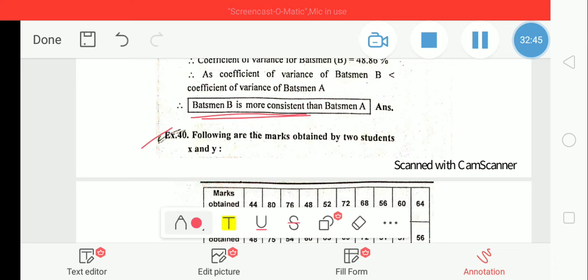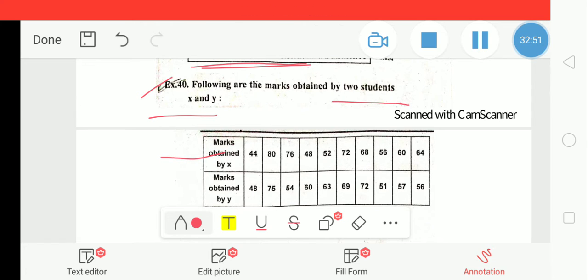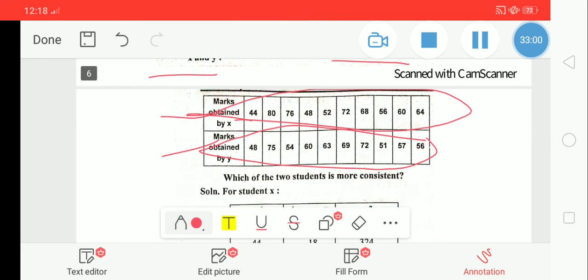Next one. Following are the marks obtained by two students X and Y. Here are the marks obtained by student X and the marks obtained by student Y. Which of the two students is more consistent?